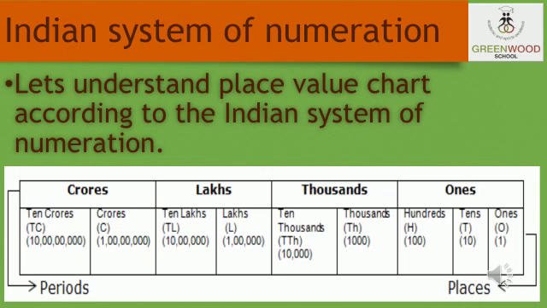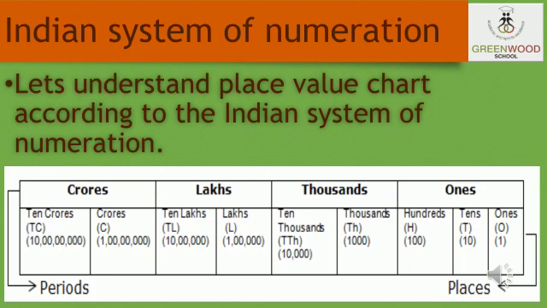According to the Indian system of numeration, place value tells us the value of each digit in a numeral based on its position. The place values of digits, from right to left, go in the sequence of ones, tens, hundred, thousand, 10,000, lakh, 10 lakh, crore, 10 crore, and so on.